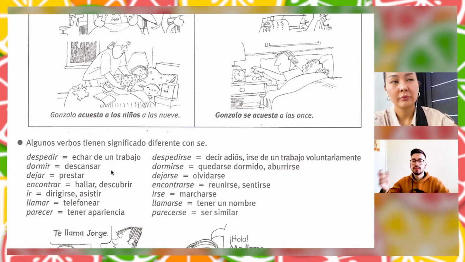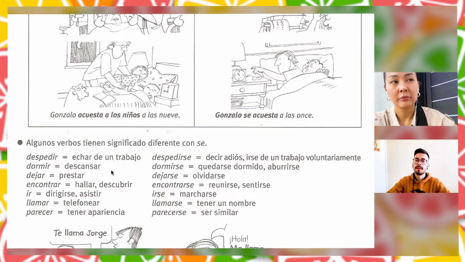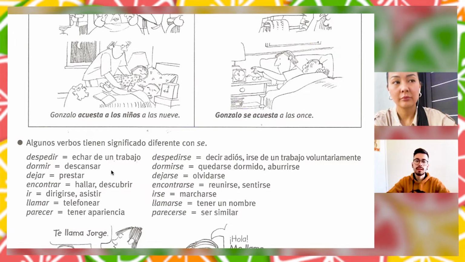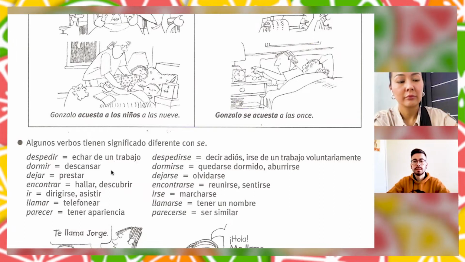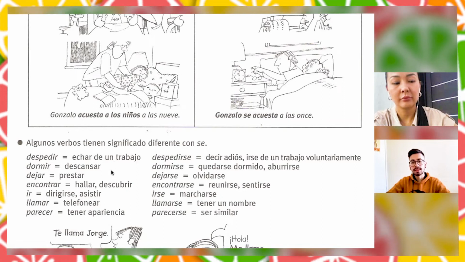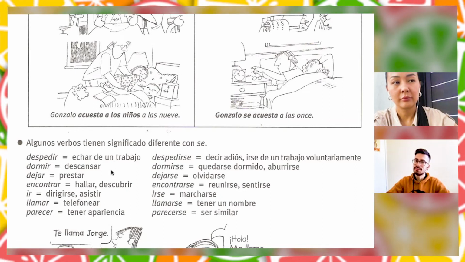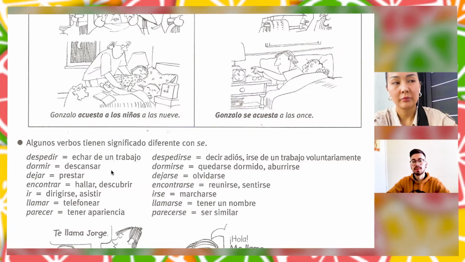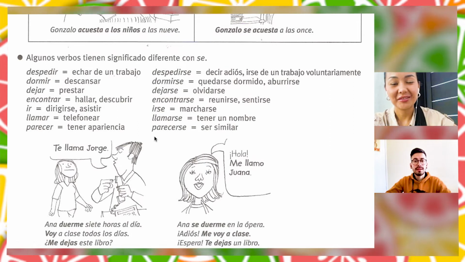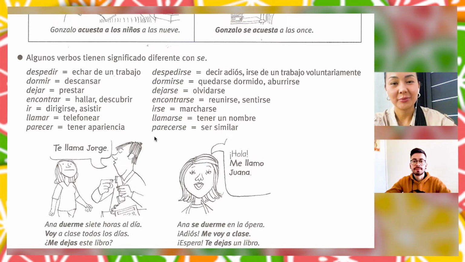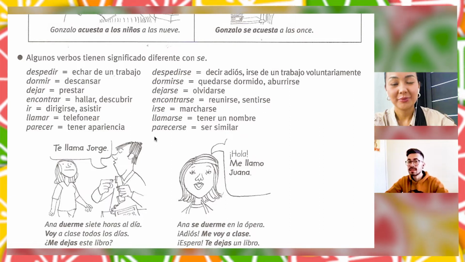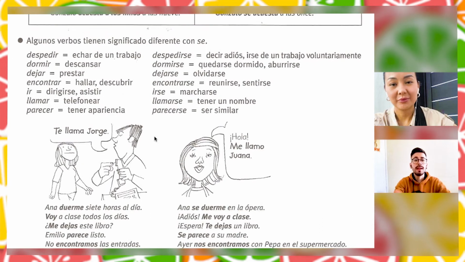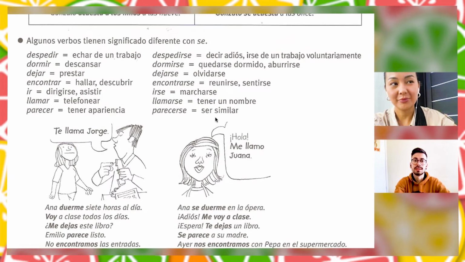Llamar is to call someone, by telephone or internet. And llamarse is how you are named. For example, we ask, ¿cómo te llamas? Parecer means to look like. And parecerse means to be similar. Right? That's the difference. And that's all for this.